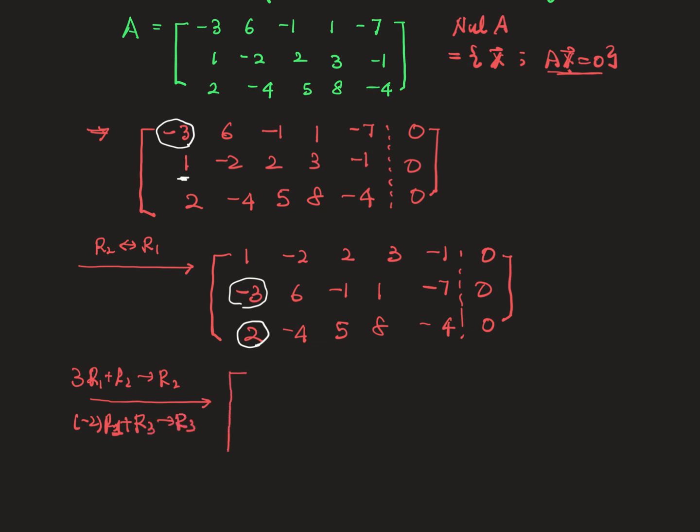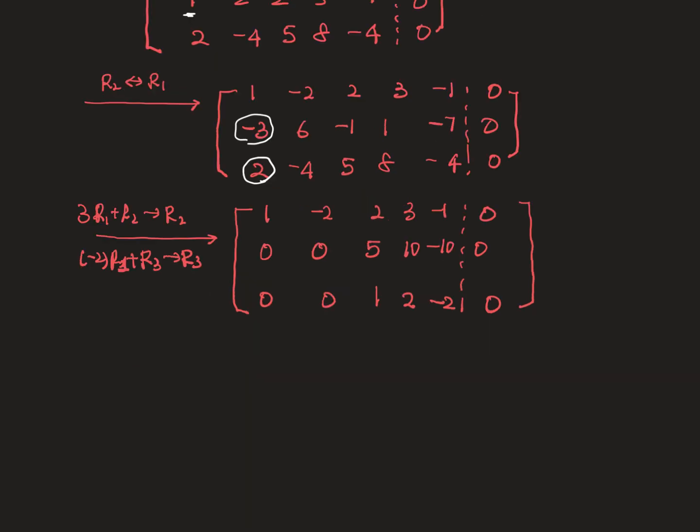I'm pretty confident everyone is pretty good at row operations right now, guys, okay? So 1, negative 2, 2, 3, negative 1, 0. The second row is going to be 0, 0, 5, 10, negative 10, 0. The third row is going to be 0, 0, 1, 2, negative 2, 0.